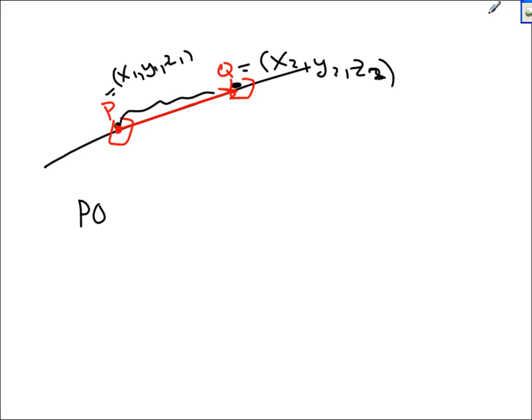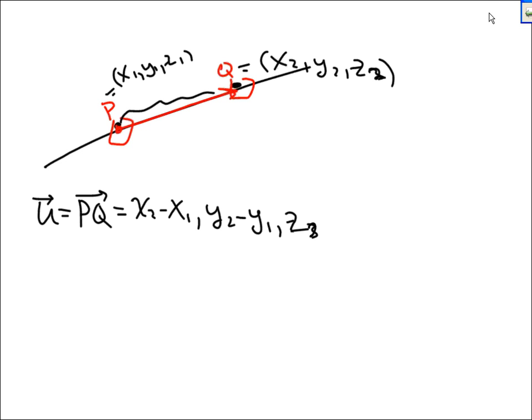So PQ is a vector, and that's what we're going to call vector U. It's the head minus the tail, with the last component z2 minus z1. That's the vector.